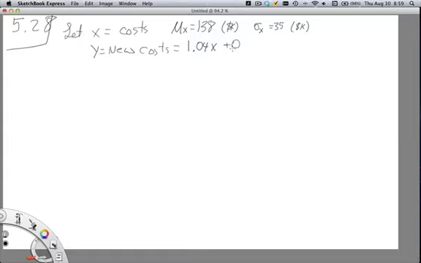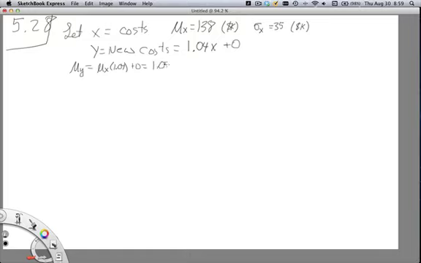So the problem asks, what are the new average and standard deviation of your costs? Well, the new average, mu sub y, according to our rescaling theorem, is just we have to put the old mean, mu sub x, through the same linear transformation, times 1.04 plus 0. And so what is that?